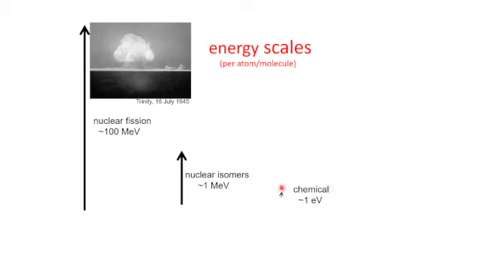And chemical energies are more like 1 electron volt. So compared to chemical energies, isomer energies are pretty huge, and there appears to be potential there to develop devices, one might say, batteries perhaps.